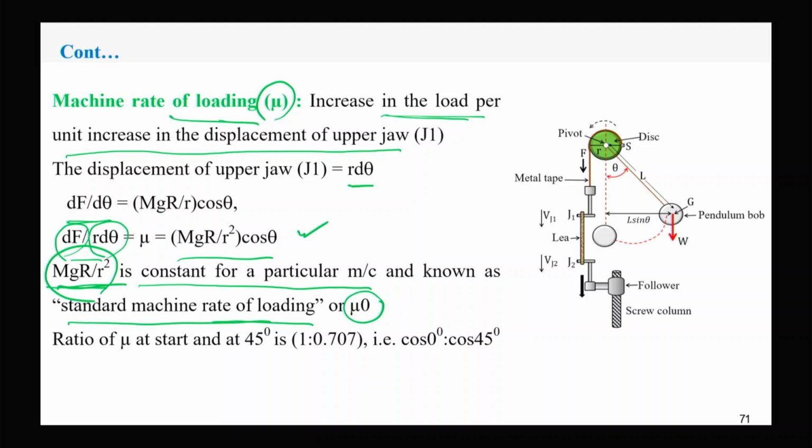So the ratio of mu, the machine rate of loading, at the start where theta is 0 degrees and at 45 degrees, changes with the deflection as per cos theta. Cos 0 is 1, and at cos 45 degrees it will be 0.707.